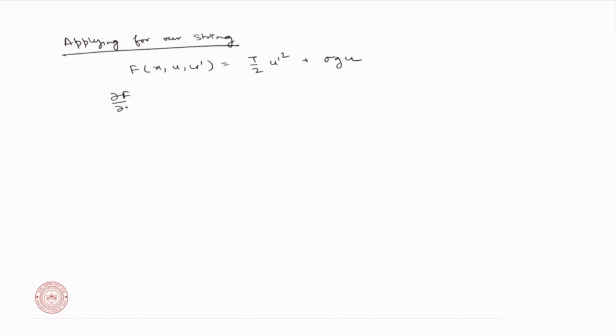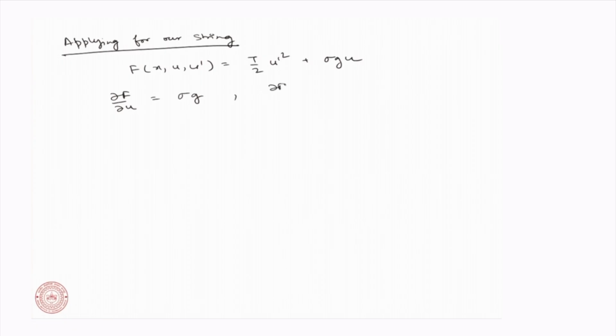Now, applying this to our string problem, we get our functional f of x, u, u prime equal to T by 2 u prime square plus sigma g into u. Okay. For del f by del u, taking the partial derivative, the first term is 0 and the second term is sigma g.